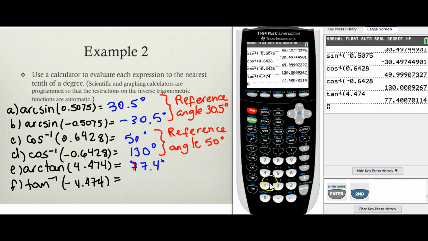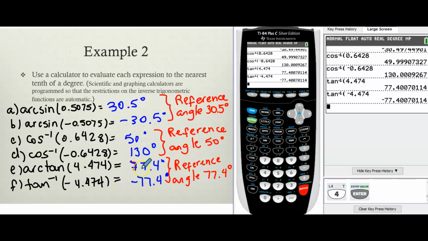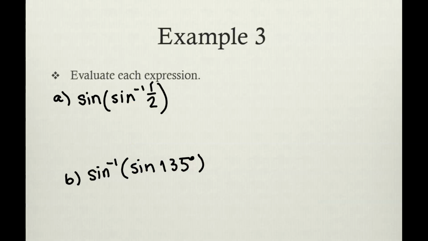And the last problem, second tangent of negative 4.474 will give us negative 77.4, because remember, the inverse tangent function is also restricted, just like the inverse sine function, for the angle between negative pi over 2 and pi over 2, or negative 90 degrees and positive 90 degrees. For 77.4 and negative 77.4, the reference angle is 77.4 degrees.